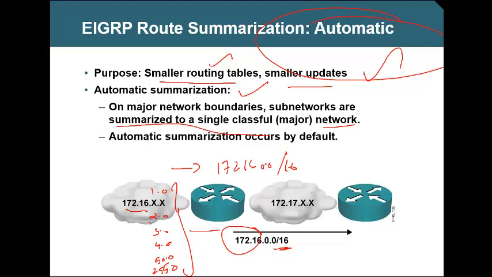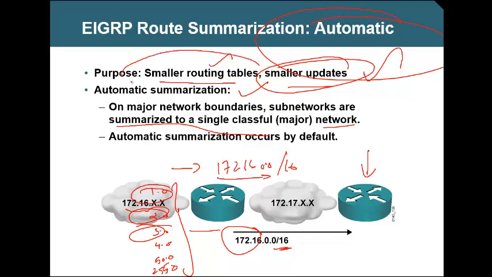We are not going to advertise information about every single subnet. We send a summarized route. So the updates are smaller. Not only that, the receiving router's routing table will also be smaller.